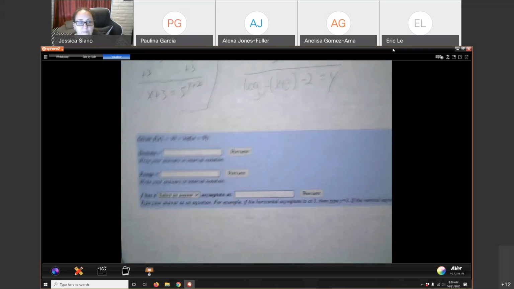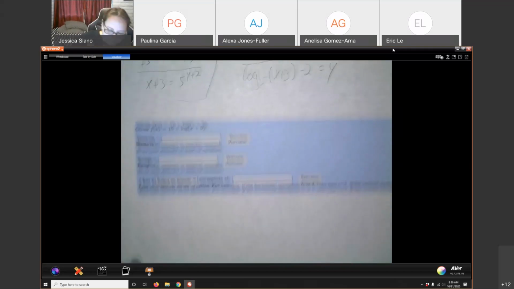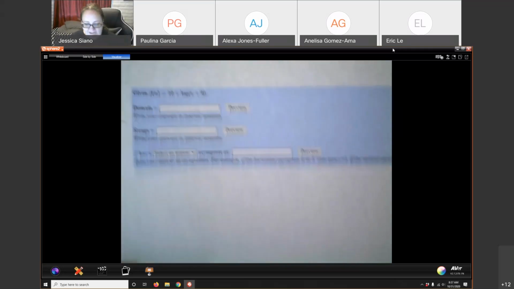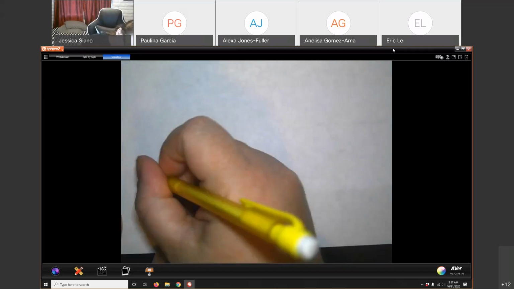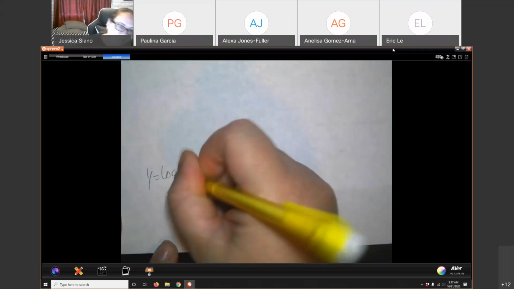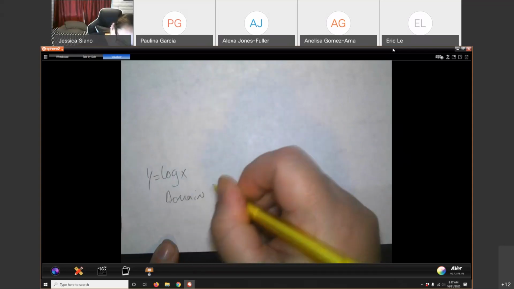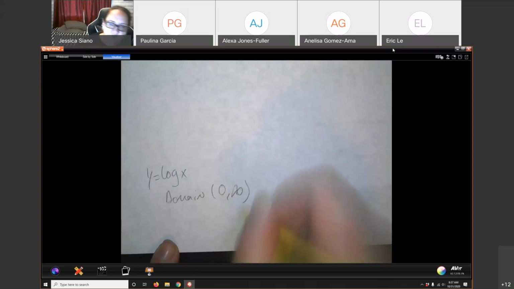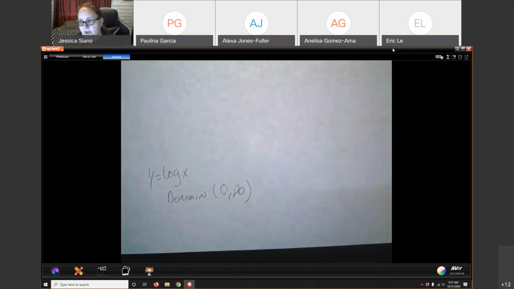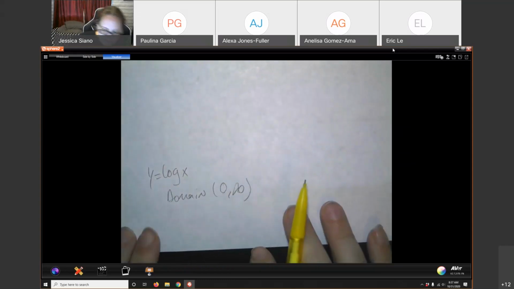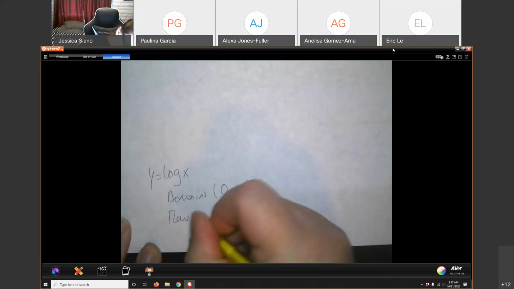So, a couple of notes about logs. First of all, if we're thinking about our basic log function, its domain is the positives. You can't put 0 or a negative into a log. Its range is all real numbers.